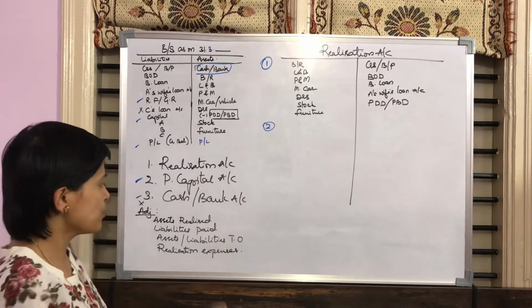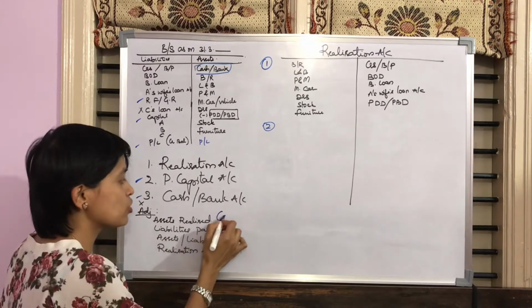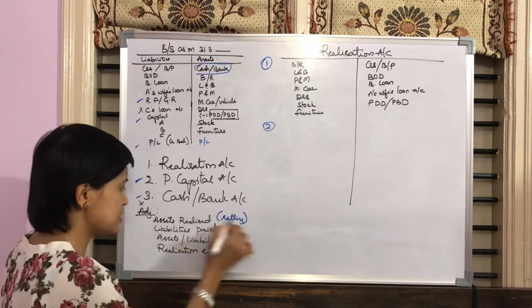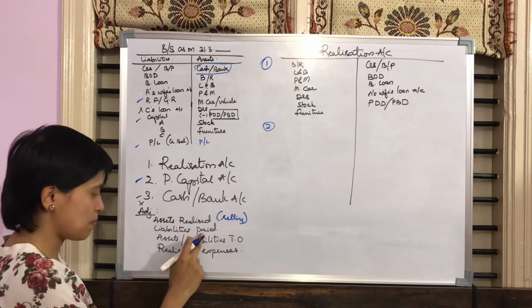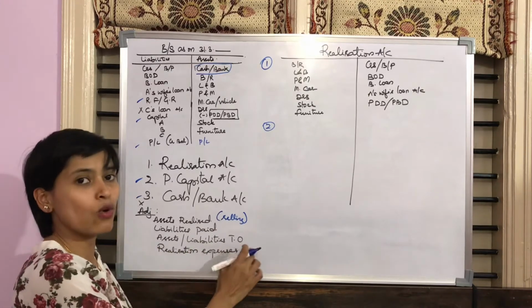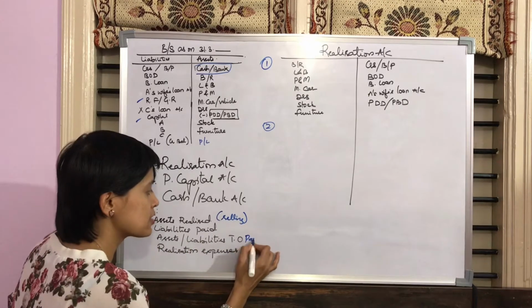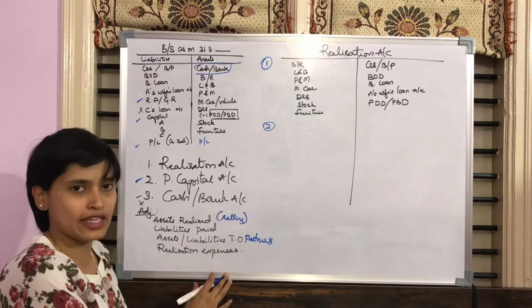So let us assume in the adjustment they have given: assets realized, nothing but you are selling your assets; payment of liabilities, liabilities paid; assets or liabilities taken over by the partners; and the last one is realization expenses.